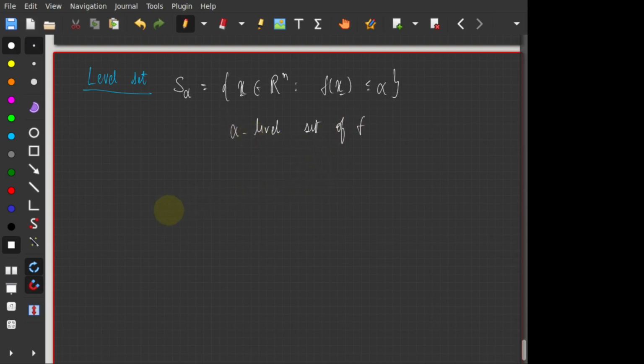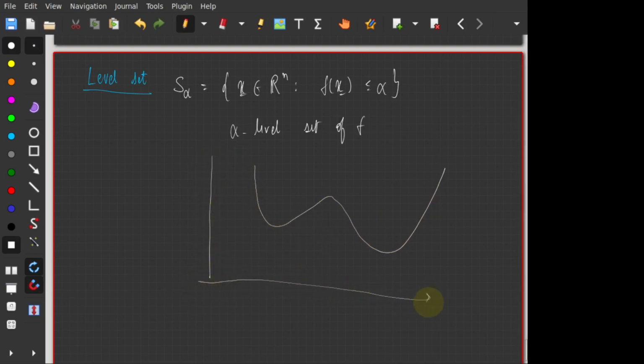So suppose I give you some function. This is x, f of x. What does the level set look like? So remember, this is a subset of R^n. In this case, it's a subset of the x-axis.